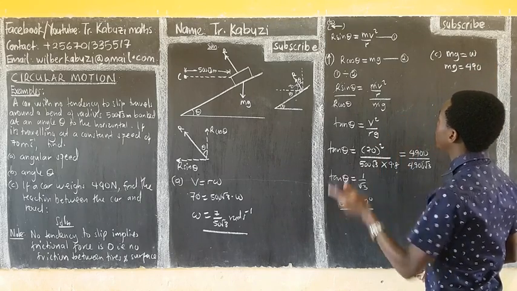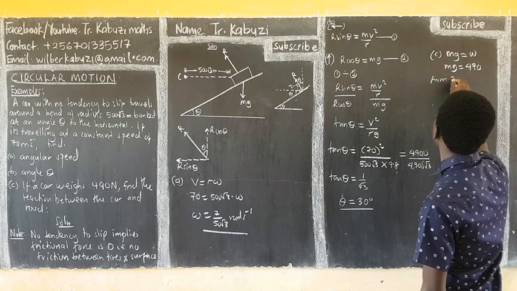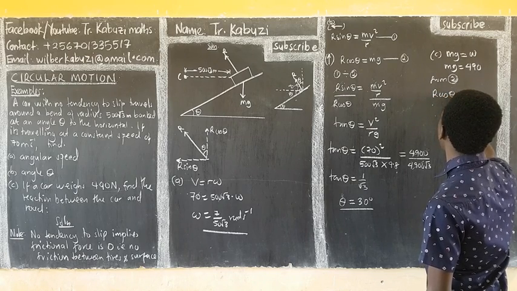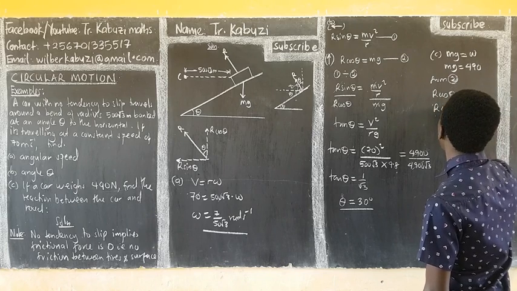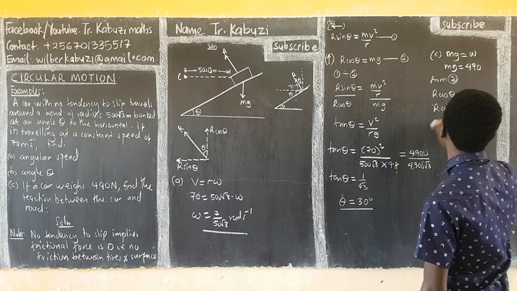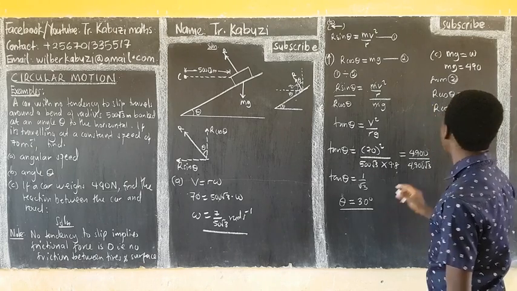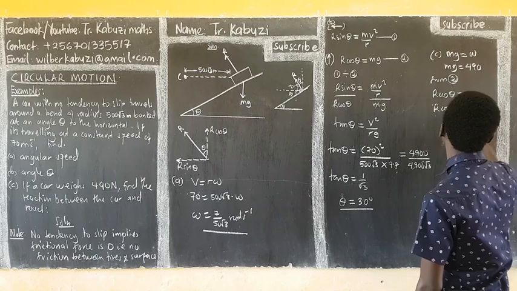Now we can use N, but the best one is this. From 2, R cos theta equal to mg. I have R cos 30, notice this is 30 degrees, equal to mg, which is 490.